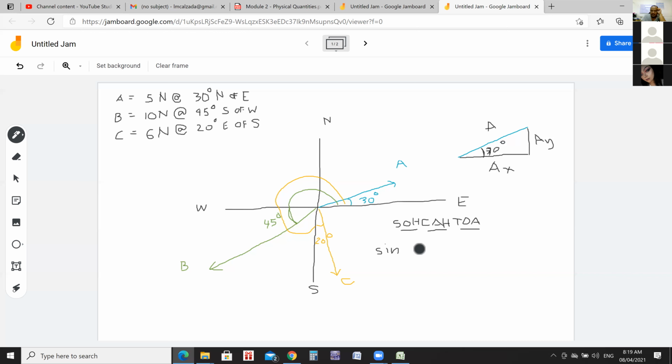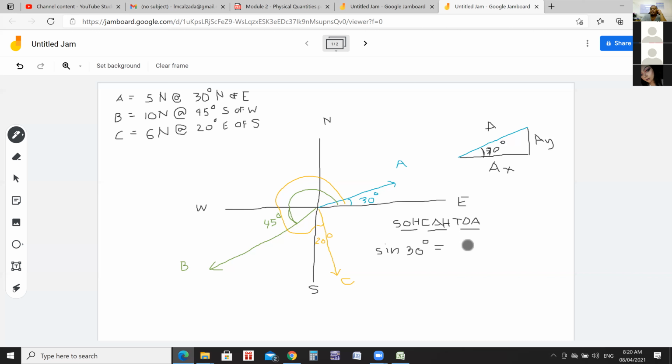Sine of 30 degrees. Sine of 30 degrees is equal to opposite over the hypotenuse, because this segment here, AY, is opposite the angle. So therefore, sine is what we use.